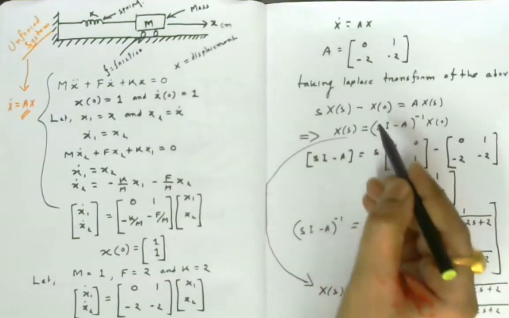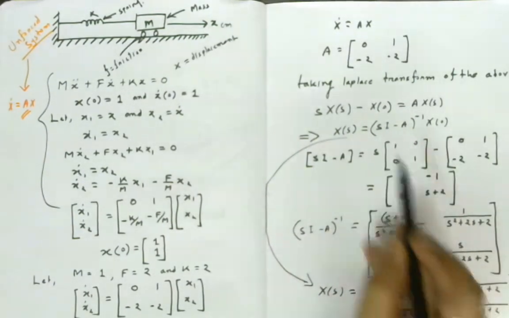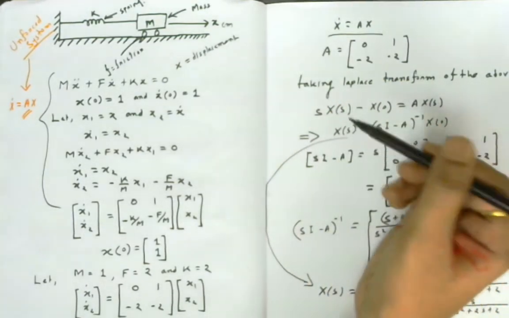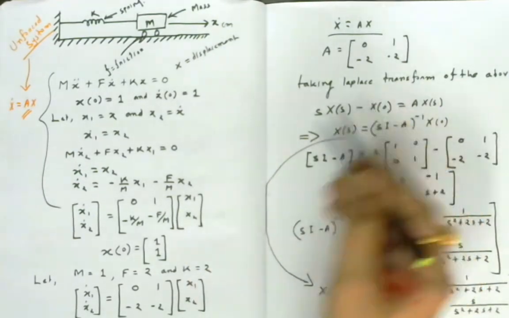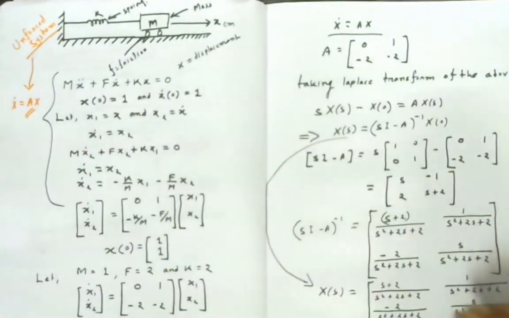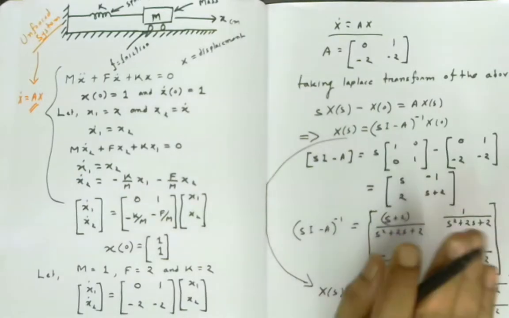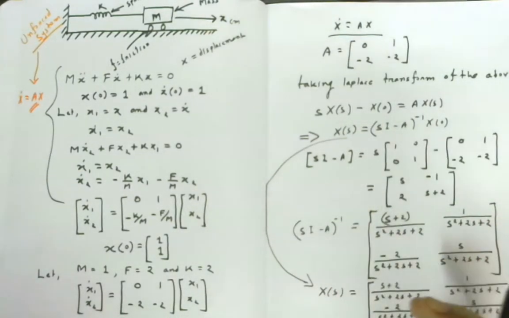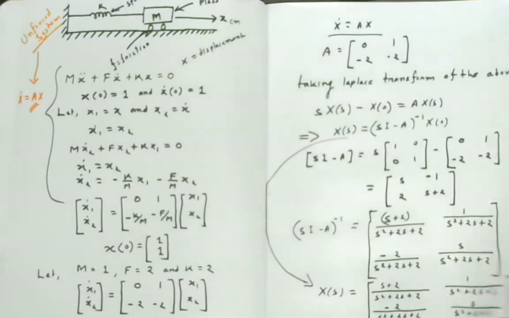So that's why I'm bringing the concept of the solution of the homogeneous equation. That's why this is x dot. I'm solving this unforced system or homogeneous equation for this A matrix, which is coming from the mass spring system example. My objective is to find the solution of the differential equation by applying Laplace or inverse Laplace.